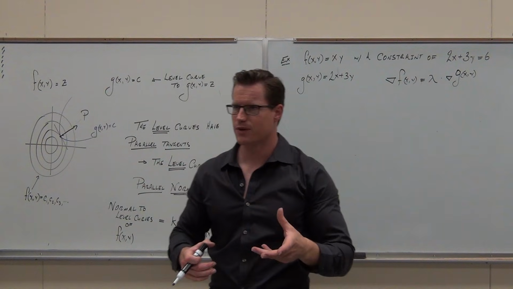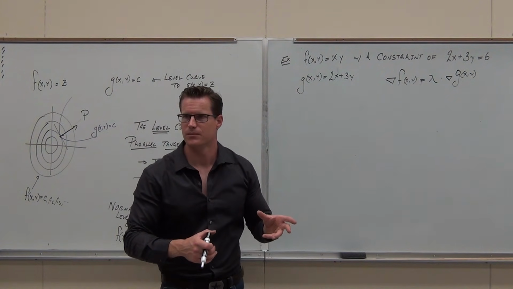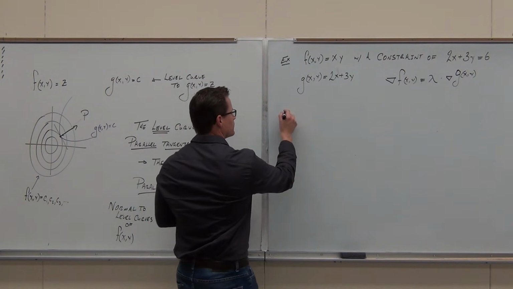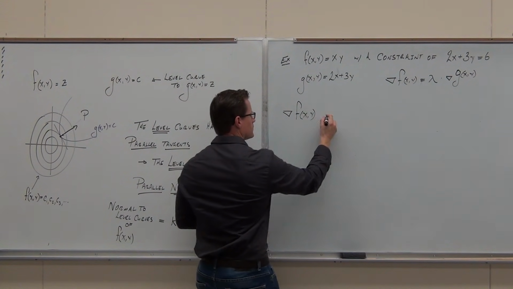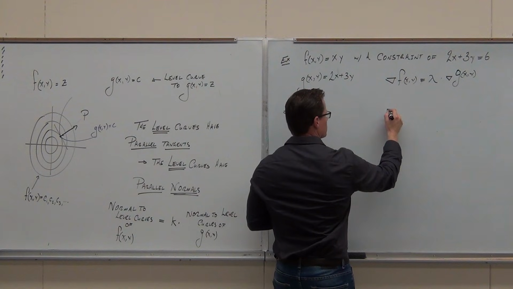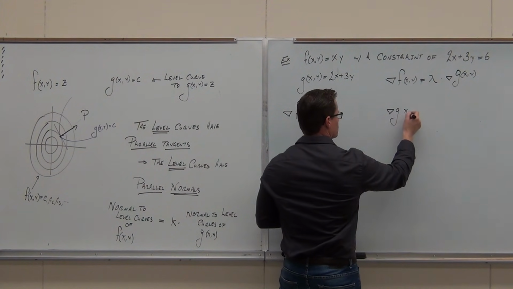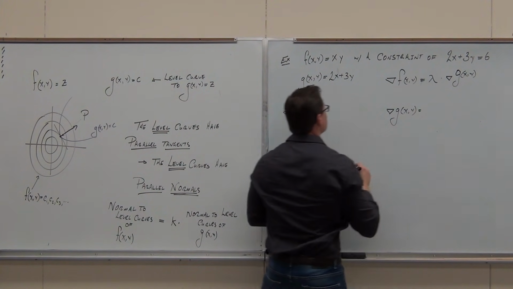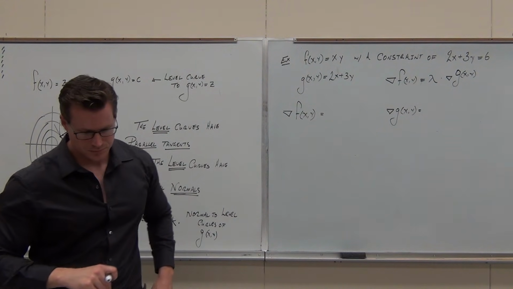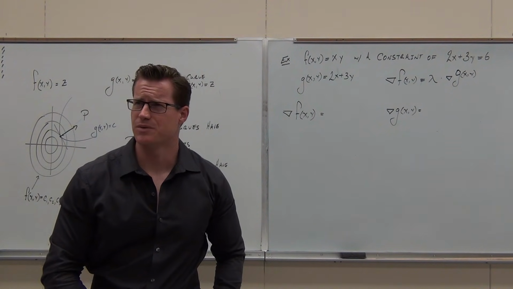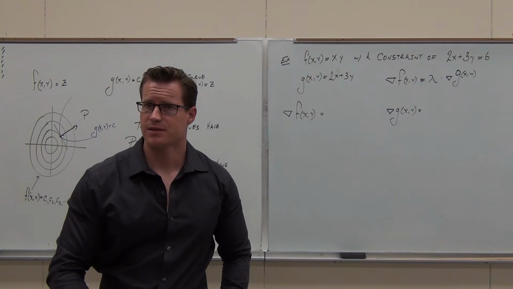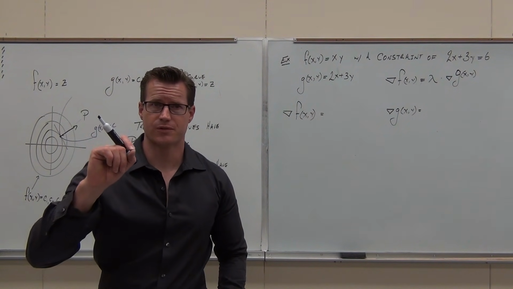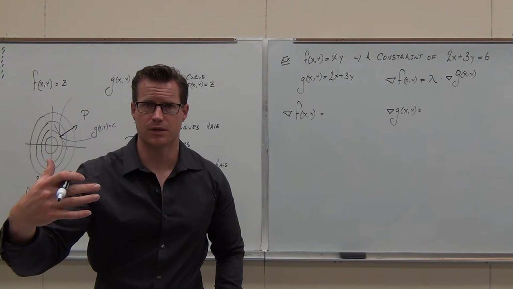Can you find the gradient of f and the gradient of g? Do you remember how to do the gradient? It's been a while. You take the partial derivative with respect to x times i plus the partial derivative with respect to y times j. That's all you've got to do.